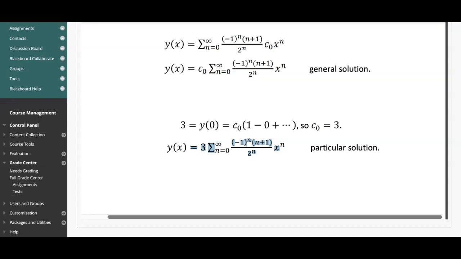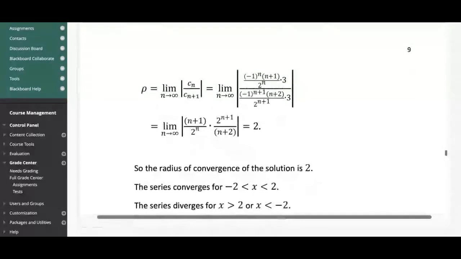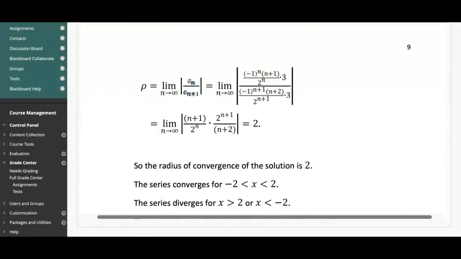Does anyone have any questions? I'm sorry for the typo, for the mistake. Now find the radius of convergence. Again, we take the ratio of the 2 consecutive terms, right? So the nth term is represented this way, the n plus 1 term is represented this way. We do a little bit of calculation. 2 raised to n plus 1 divided by 2 to the n, that's just 2.